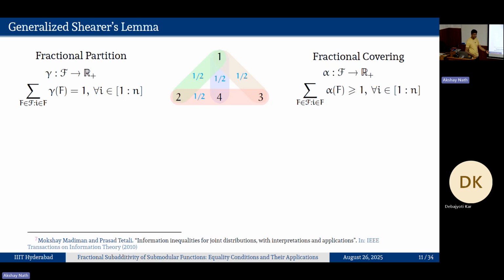And in statistical physics, people have been talking about this fractional subadditivity under different names. Even Madiman and Tetali say they didn't know about this statistical physics reference until Alan Sokal pointed it out at a workshop, that this had been there since the 70s.